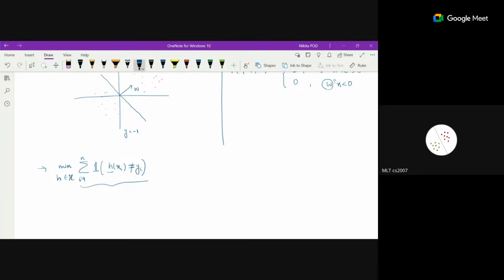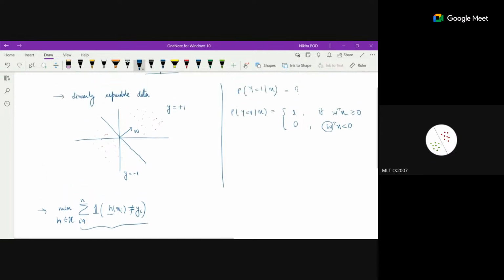But in the perceptron, there is an additional assumption that we have made, and that additional assumption is that the dataset is linearly separable. I mean, there is some W which is able to classify your dataset: the data coming from one class is labeled plus one, and the data coming from the other class is labeled the other way.